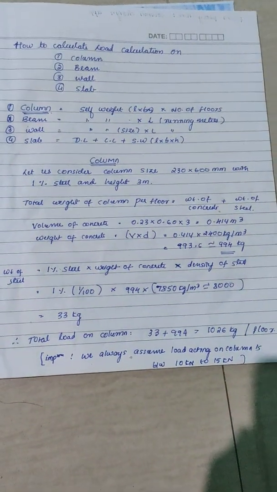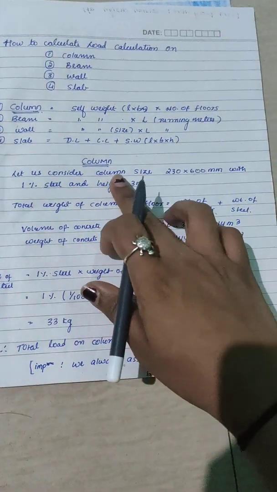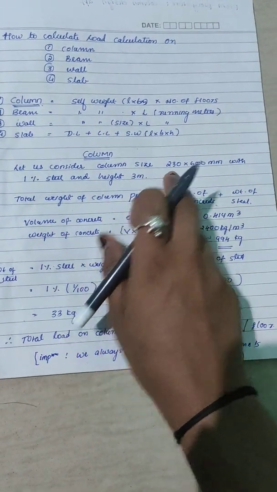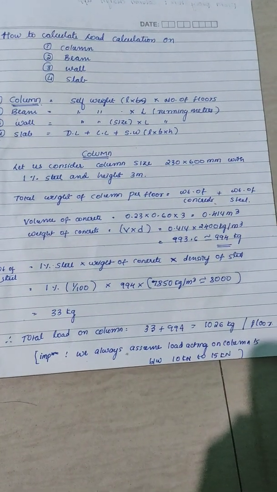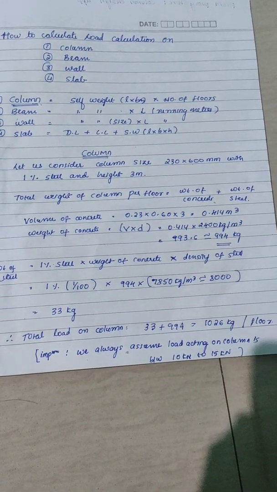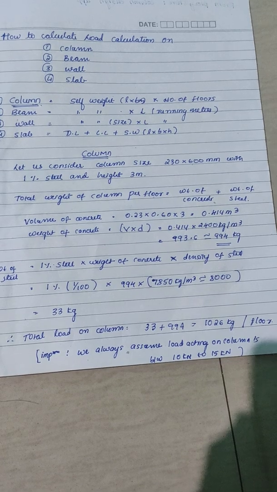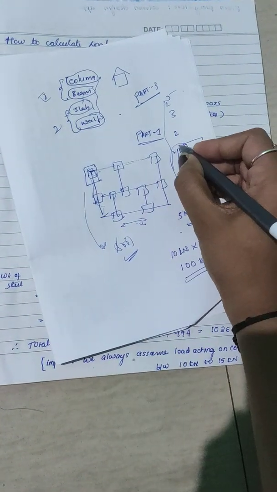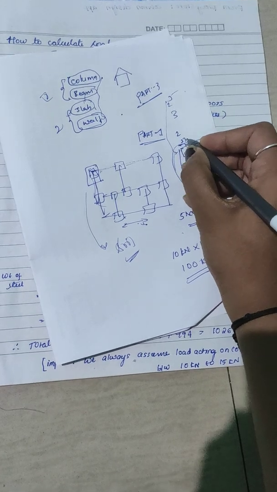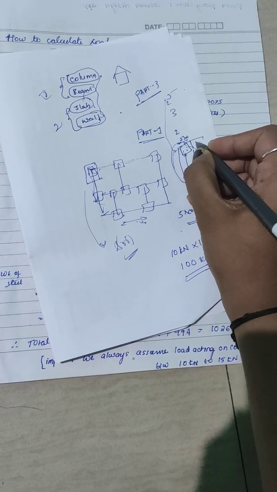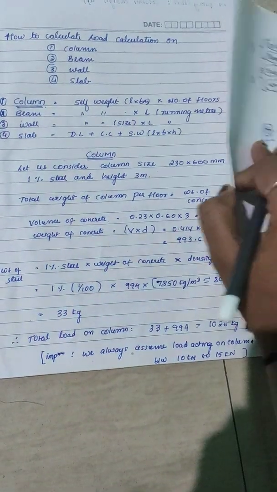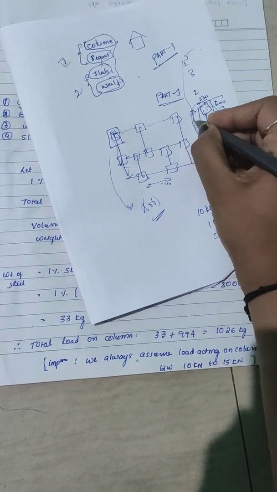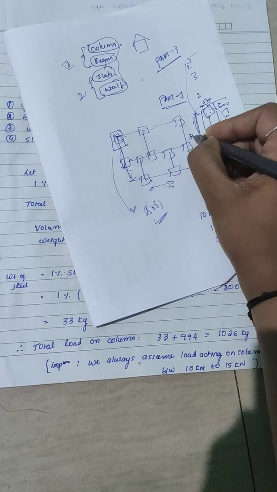So let us go for the first column. In the column, first we need to assume the column size as 230 into 600 mm with 1% steel and height as 3 meter. So 230 into 600, and the height of the column is 3 meter.